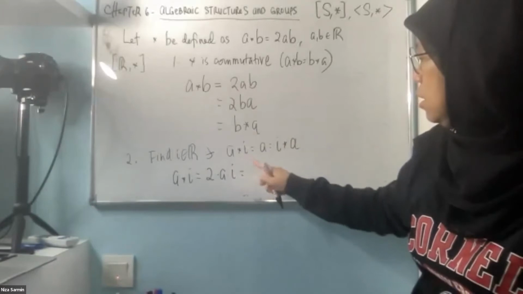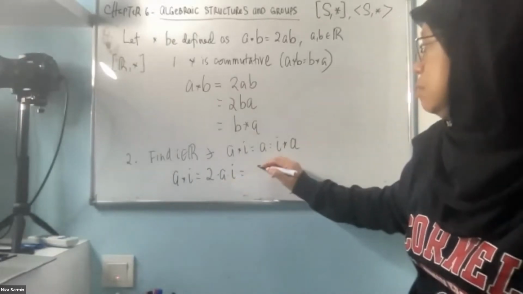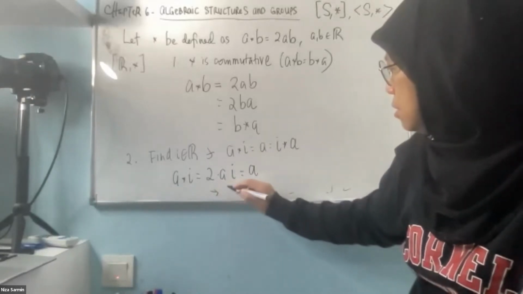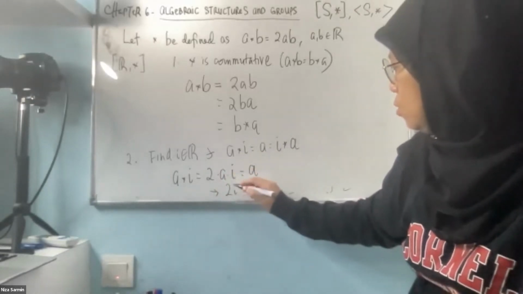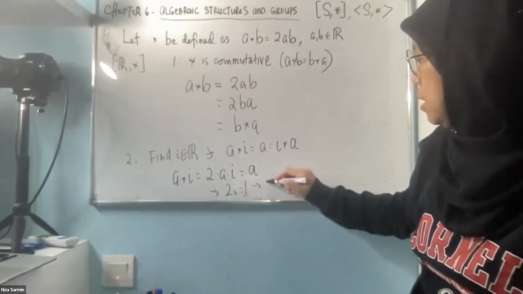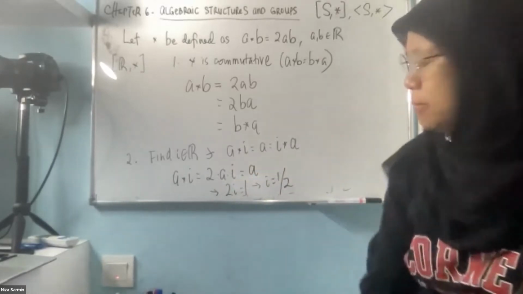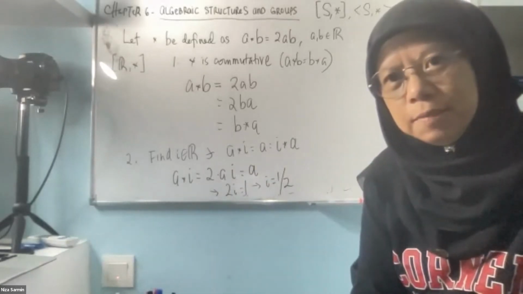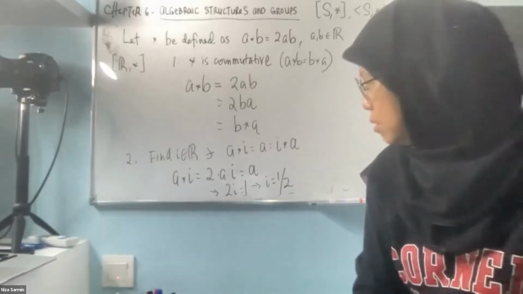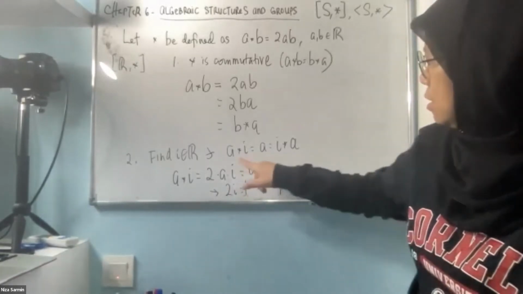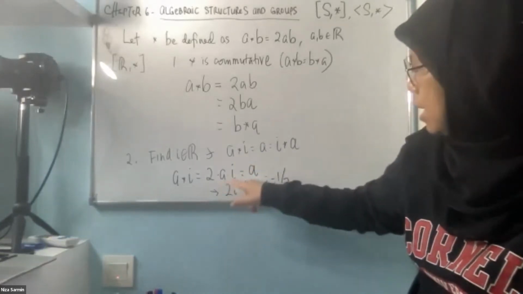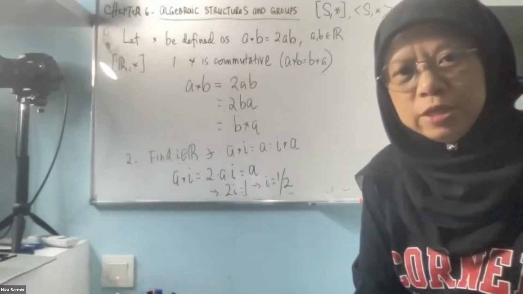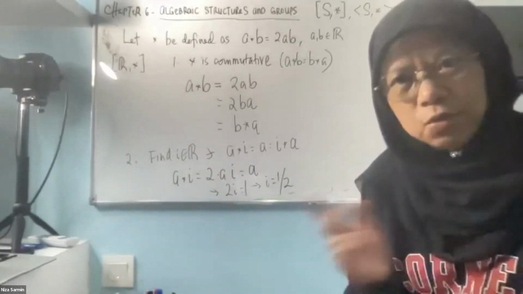We want it to be equal to A. Okay, this gives, potong-potong kan, 2I is 1, which implies I is a half. And you do the other side also, you will get the same because this is just numbers, commutative. And you can check if you replace I by 1/2, you will get A, right? So in this case, I is a half, but you have to do the other side too.